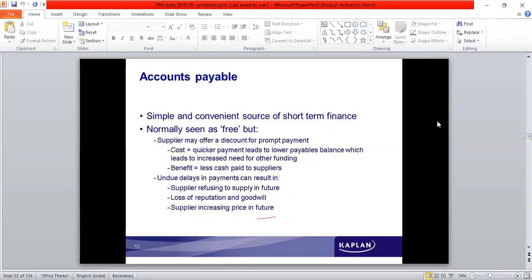And it is the easiest, simplest and most convenient form of availing a credit facility. As and when they purchase material from the supplier, they can avail this credit facility. Normally it is seen as free. When credit facilities are provided by the suppliers, there are no interest charges levied on that.